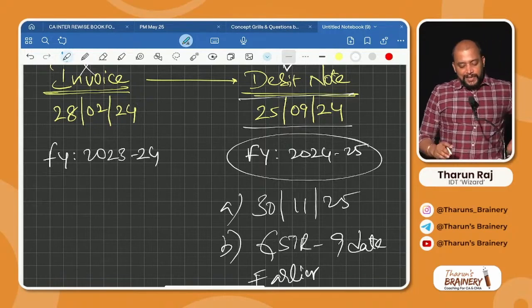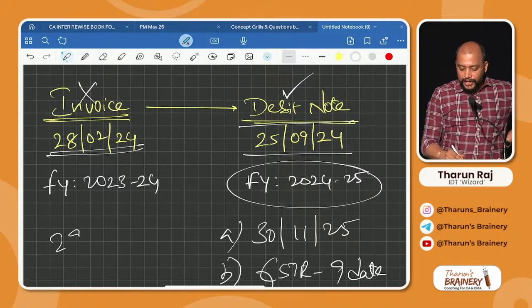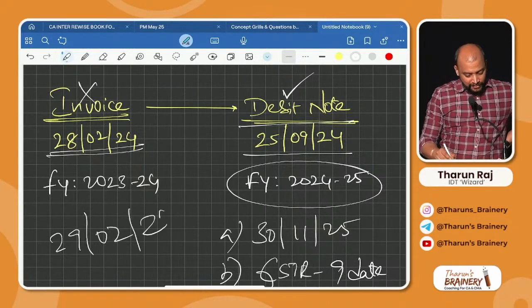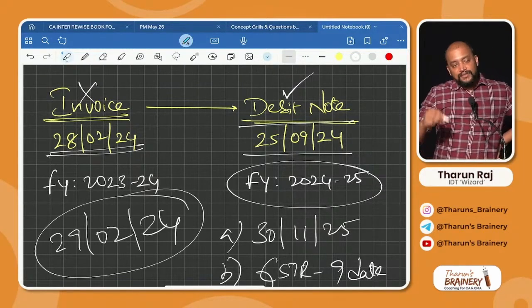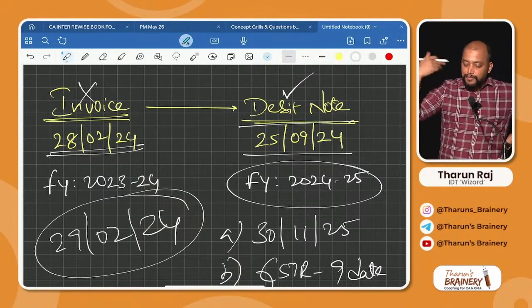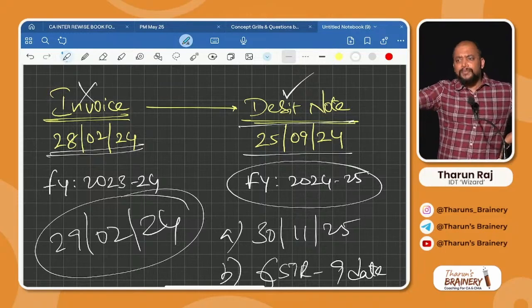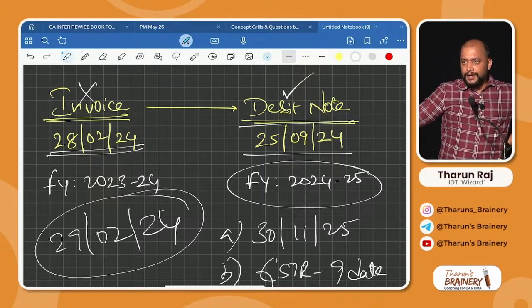Correct, if invoice is 28/2 and if the debit note is given on 29/2/2024, that debit note they will report in GSTR 1 and it will come in 2B. If they miss the date of say 11th, it will come in next month 2B, simple.